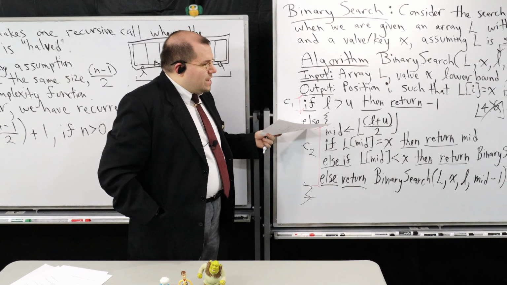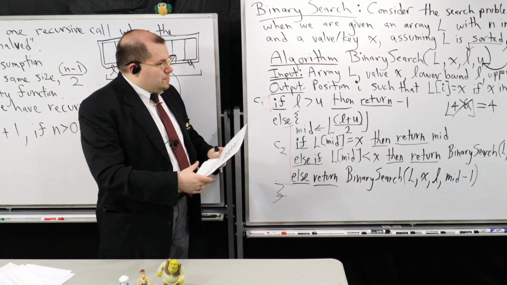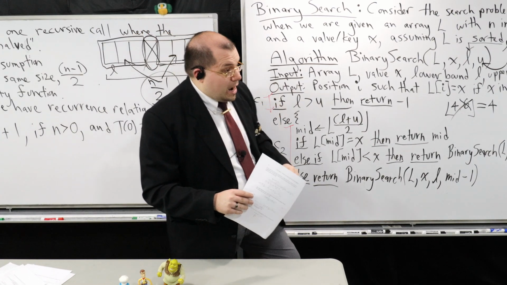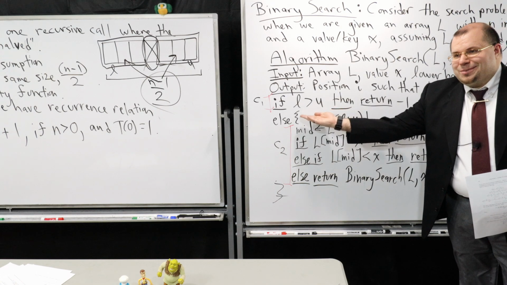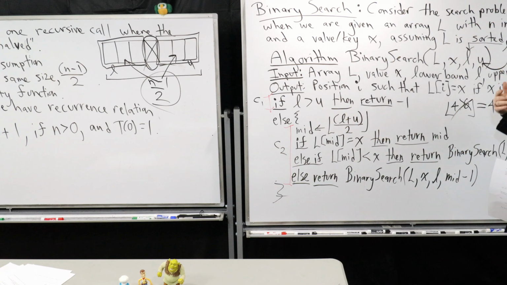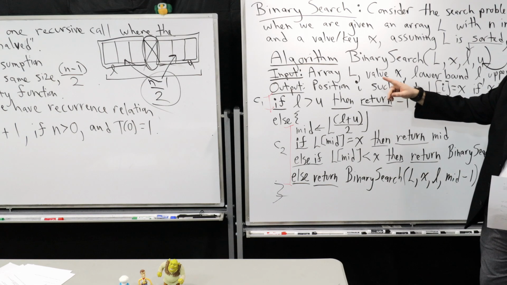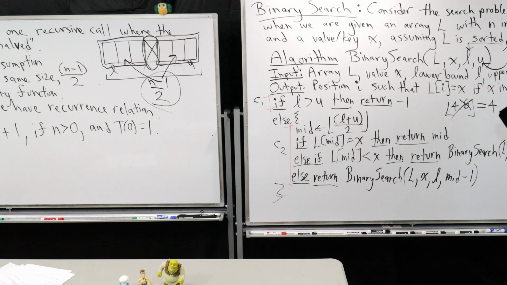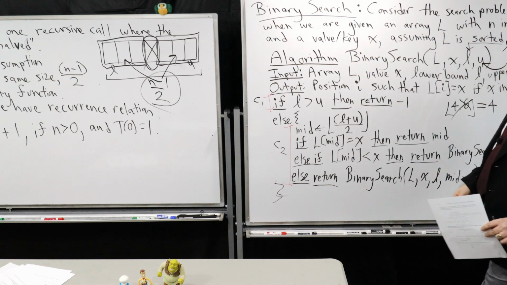It's when this if statement up here is going to happen and it succeeds. So this is when T of 0 is going to happen. It's when I have no more elements to examine, which is a little different than what you'd expect. So this is our case when I have T of 0 occurring, because this is when the algorithm is going to be successful, when it has no more elements to examine.